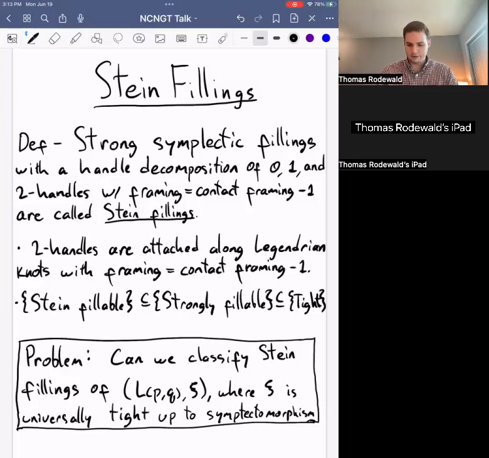So we have this inclusion here. That brings me to the problem that I'm looking at, which is, can we classify fillings of L(p,q) spaces, or lens spaces, equipped with a universally tight contact structure up to symplectomorphism?